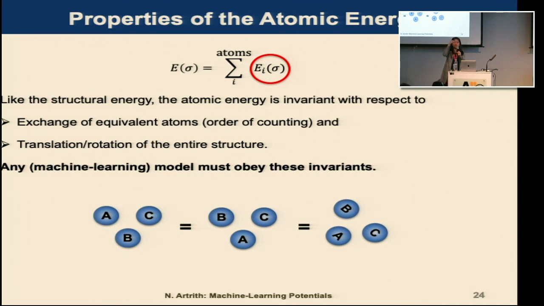If we exchange H1 and H2, this energy should not change because this is the same water molecule. And it should also not change if we translate or rotate the structure. For example, in this very simple cartoon, if we have A, B, and C, and if we change the A, B, C positions, or even move a little bit, the energy should be the same.